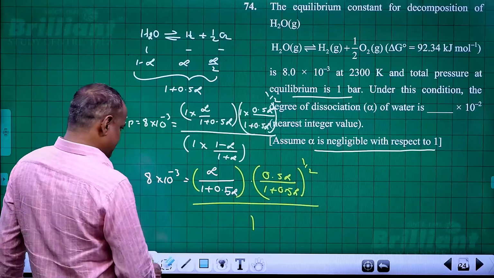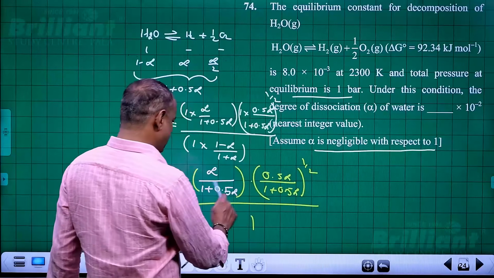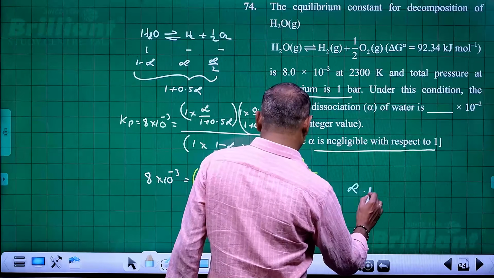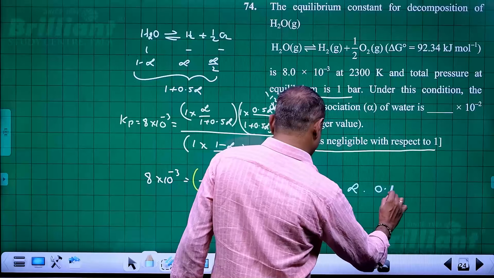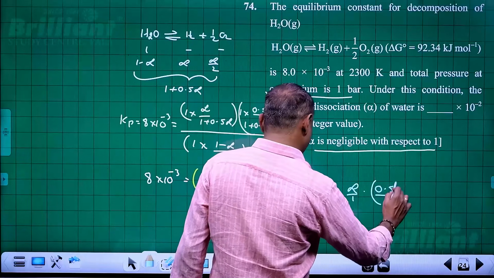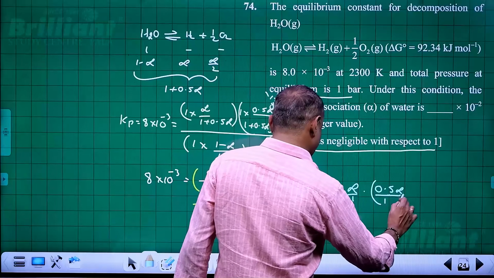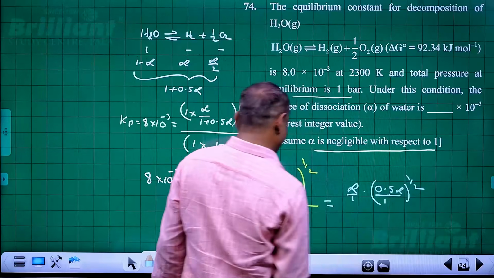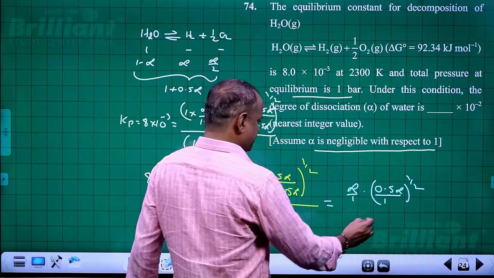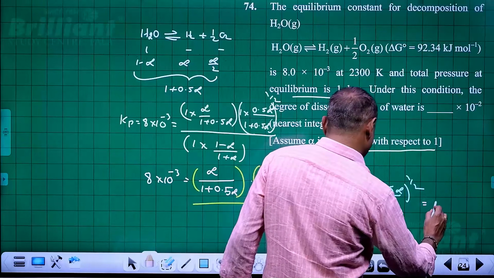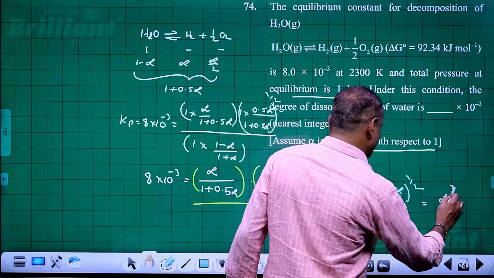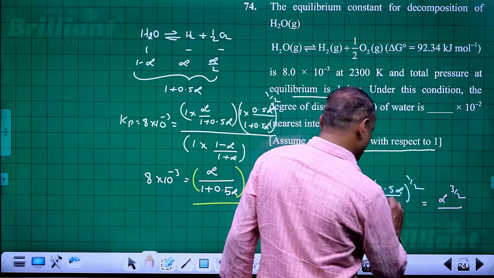We can take this also as 1 plus 0.5 alpha as 1, so that's why alpha into root of 0.5 alpha, which is alpha by 2. So this gives alpha to the power 1 plus 1 by 2, 3 by 2, by root 2.